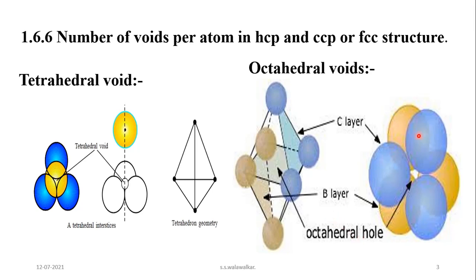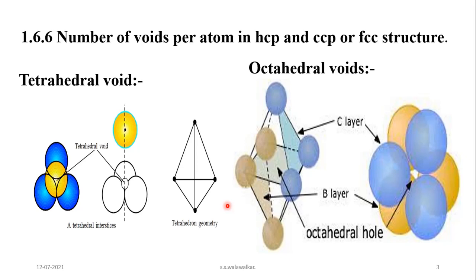These two spheres and these two spheres from the upper layer and lower layer, if you join these like this, 1, 2, 3, 4, we get a square-like structure. And this sphere, which is above the plane, and this sphere which is below the plane, if you join these to these four spheres, then we get an octahedron. And therefore the empty space between these is called an octahedral void.